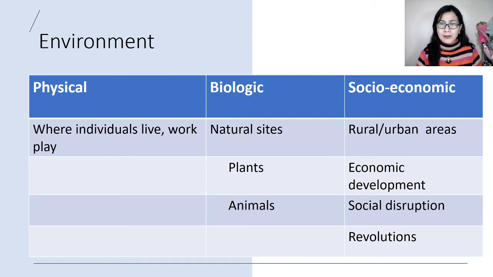We also consider the economic development and the featured occupation. Are there any social disruptions like war, disaster, earthquake, typhoon, flood, or revolution? Here are examples of the environment.